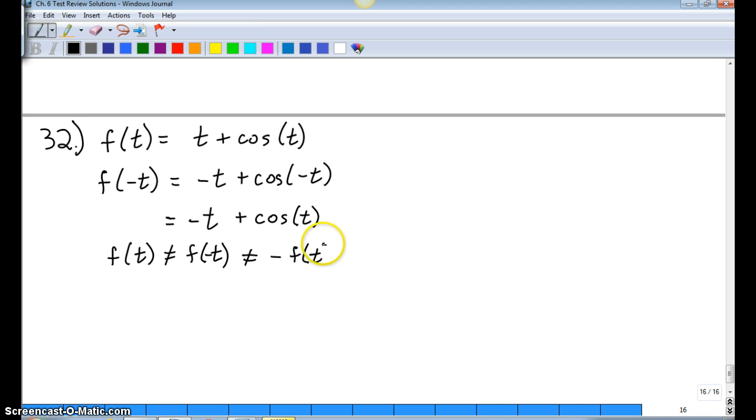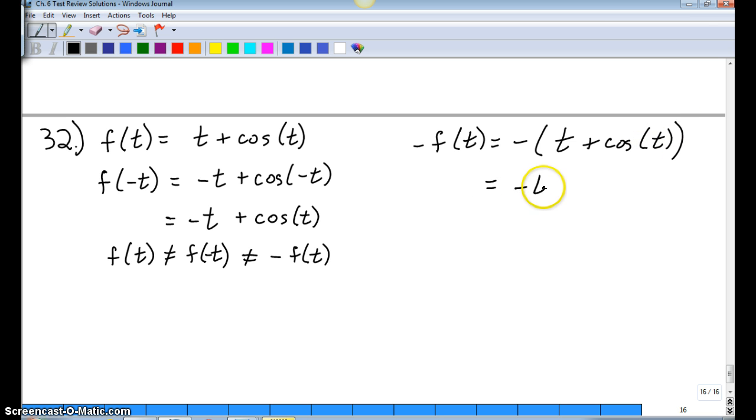f of t. Negative f of t, if you want to see what that looks like, negative f of t just means we're taking negative of t plus cosine t. So then our negative comes to our t, then it distributes in minus cosine t. So notice that f of t and f of negative t are not the same.